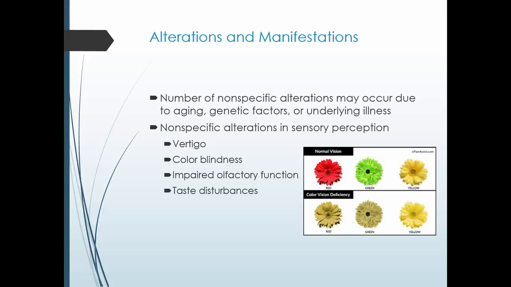There are some nonspecific alterations in sensory perception. Vertigo is a feeling of rotation or imbalance. They may have nausea, nystagmus, which is just a back and forth rapid twitching of the eyes. A lot of times they may have difficulty keeping and maintaining their balance.